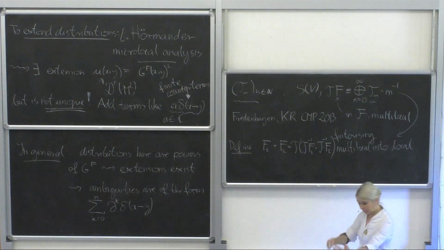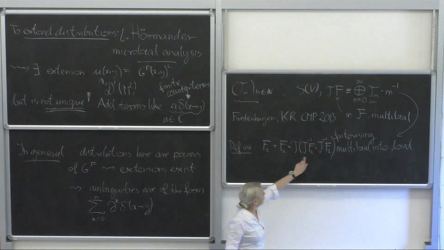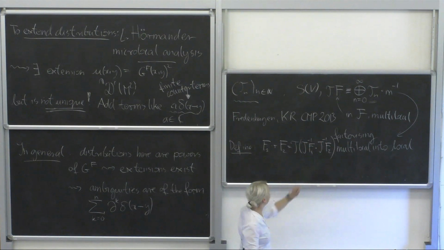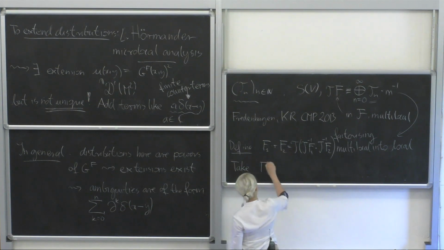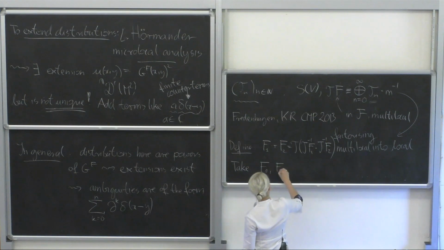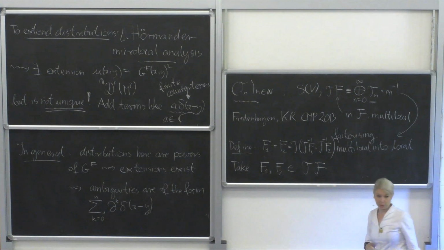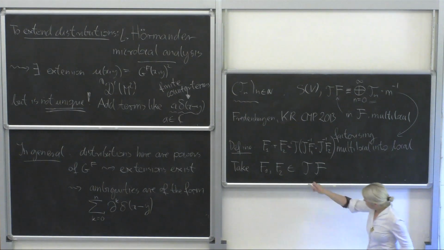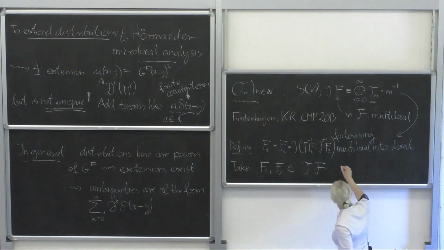So this is going to work, for sure, on the image of T, right? So take F1, F2 in the image of the T map as applied to multilocal functions.